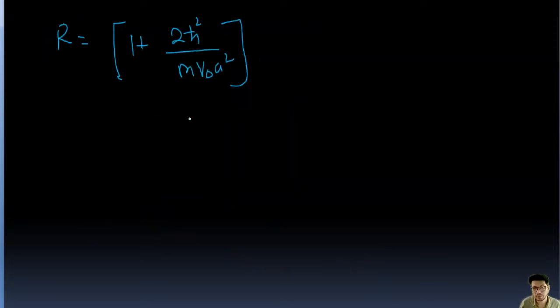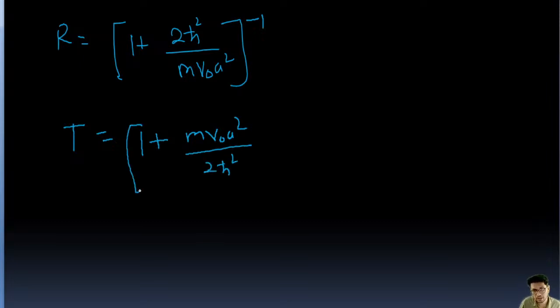So after simplifying, this is the value of the reflection coefficient when E tends to V0. And the transmission coefficient is going to be the inverse: we'll just exchange the position of numerator and denominator, so it is going to be 1 plus m V0 a square upon 2h cut square, whole inverse.